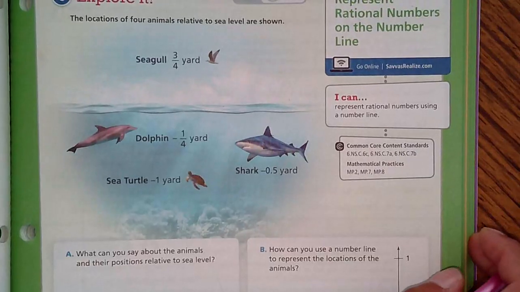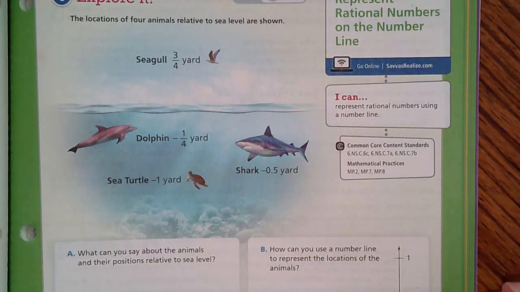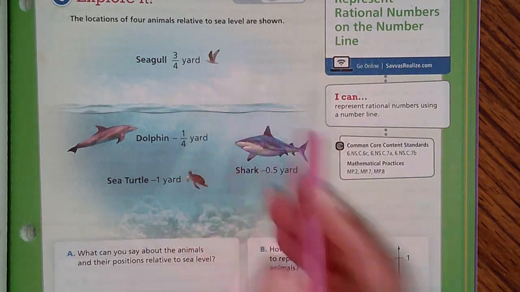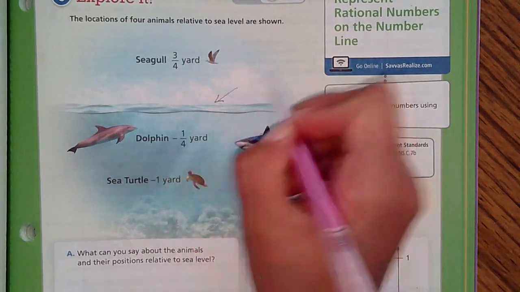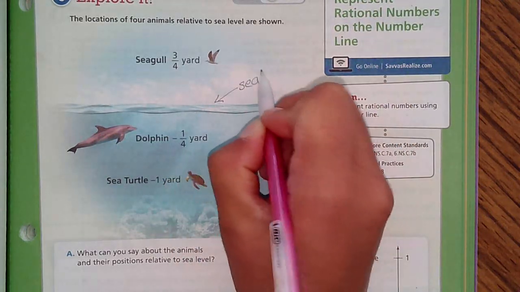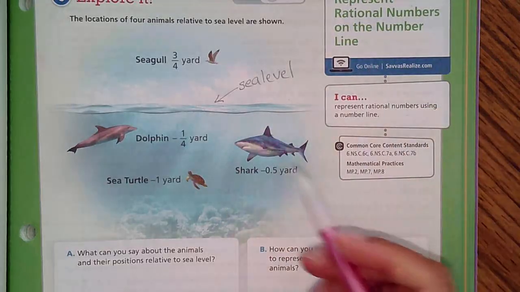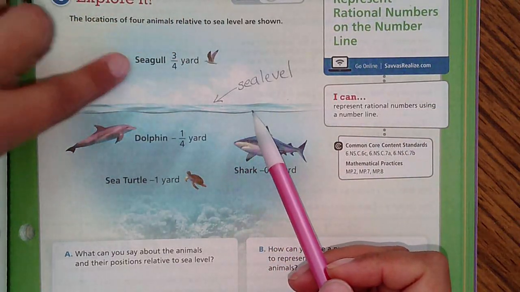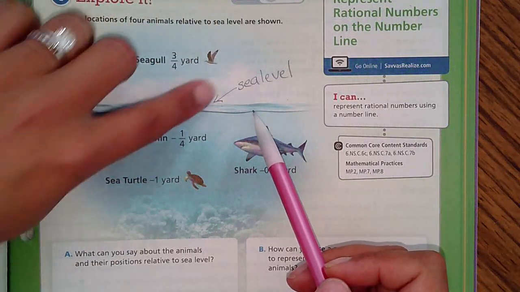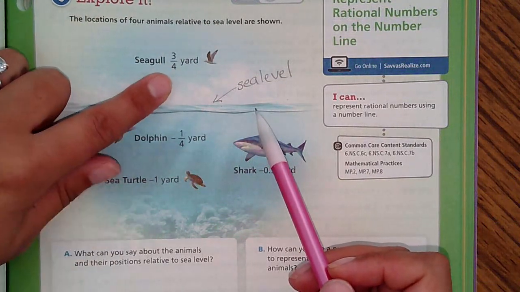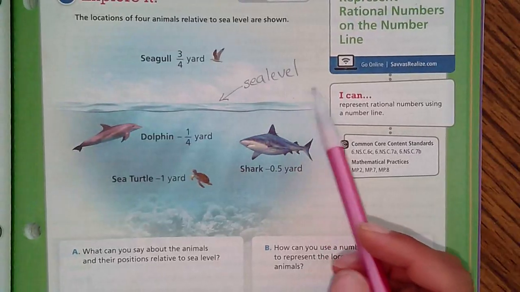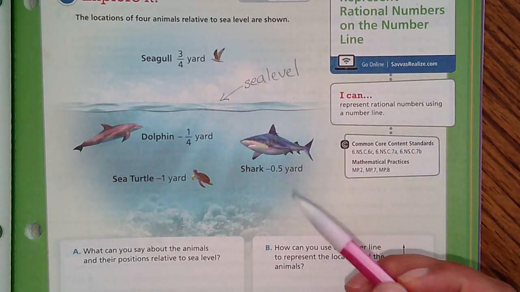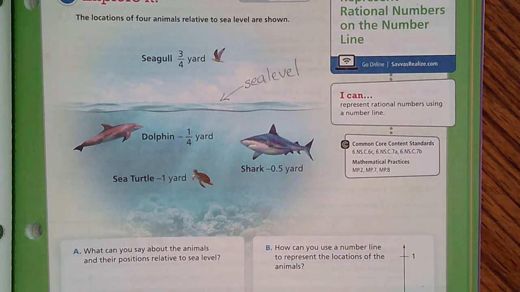Well, where is sea level? Sea level is where the sea meets the sky. So right here is sea level. And everything above sea level, the rational numbers above here, which is only one, would represent the locations above sea level.